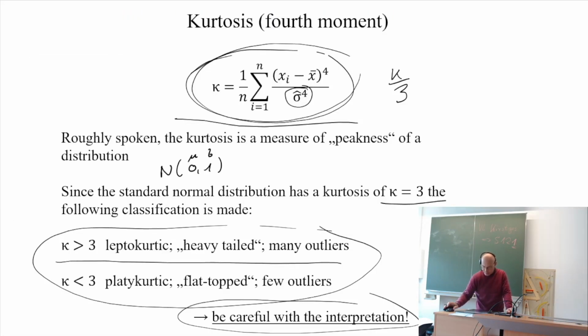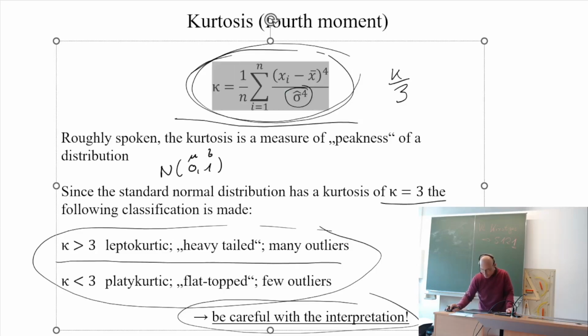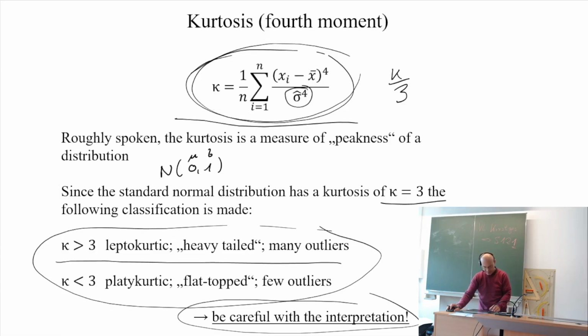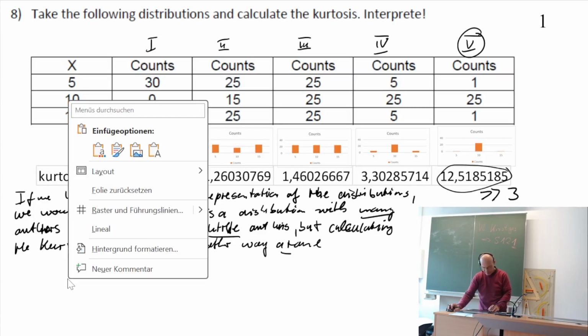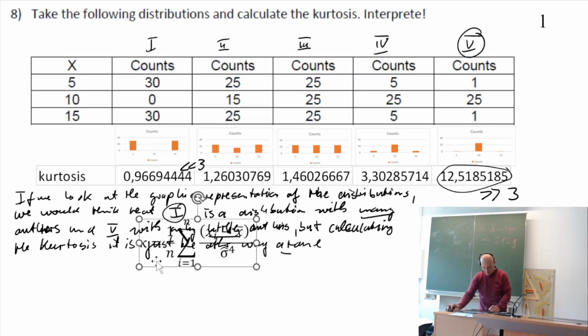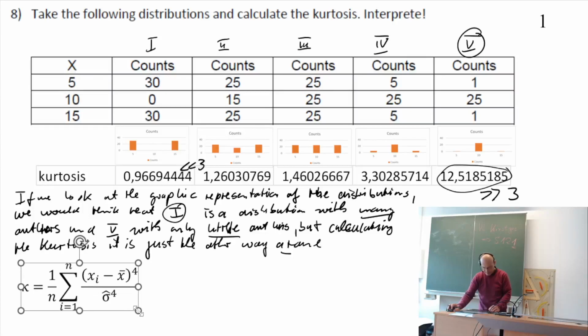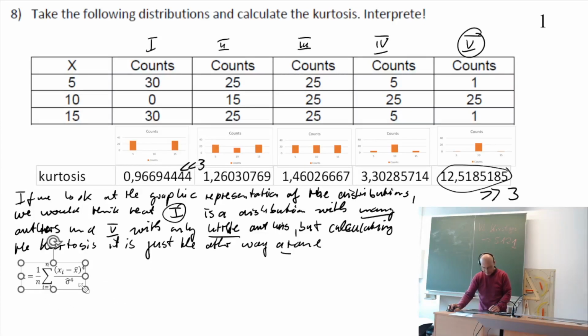then we see that when we calculate the kurtosis, we normalize the distance with respect to the arithmetic mean by the standard deviation, to the power of 4.